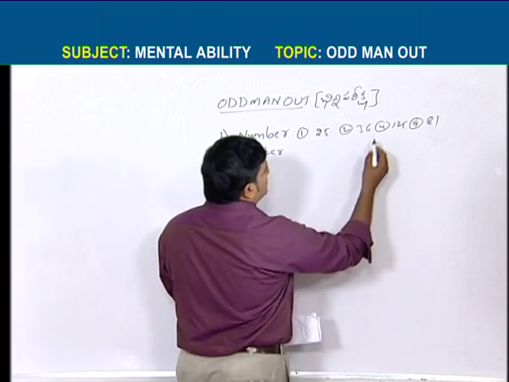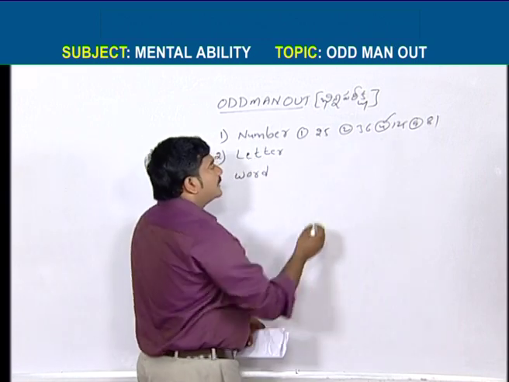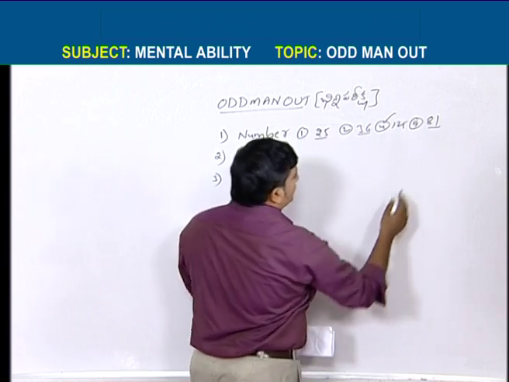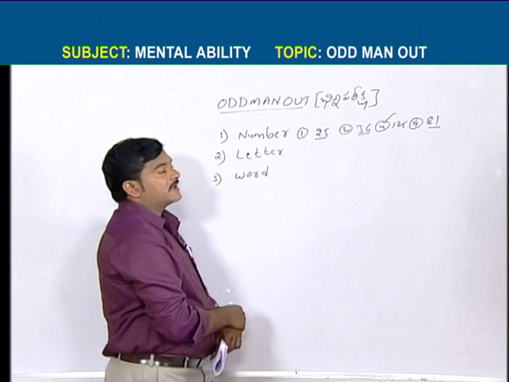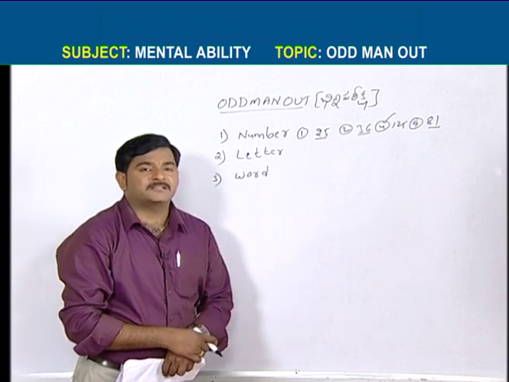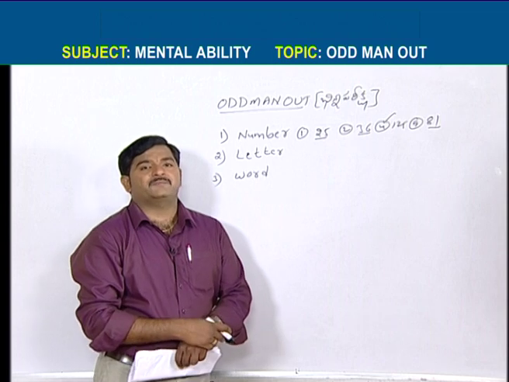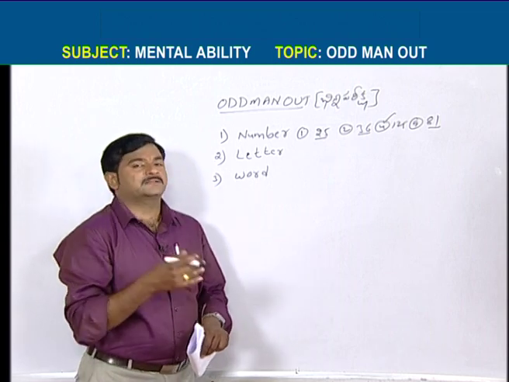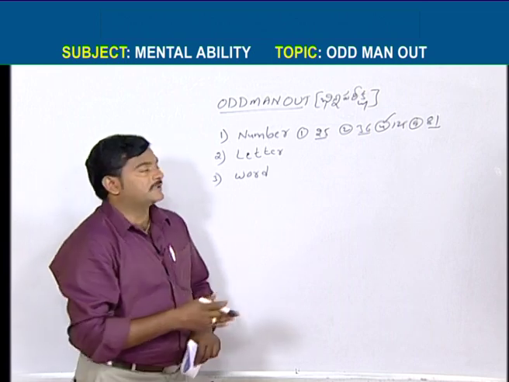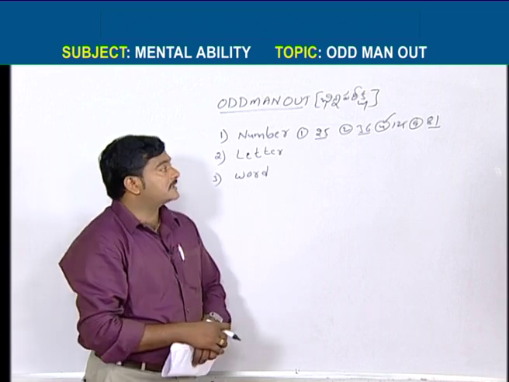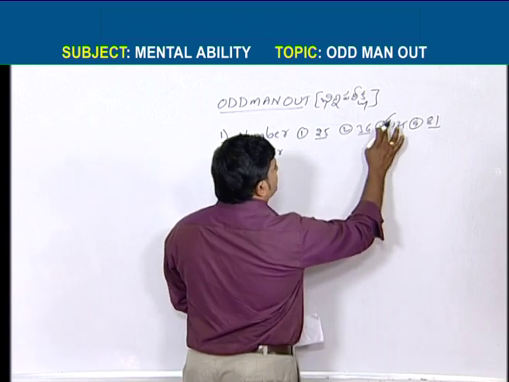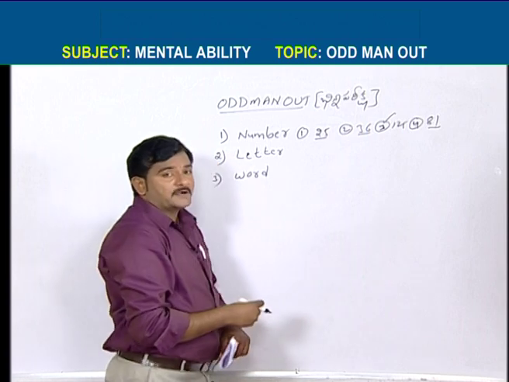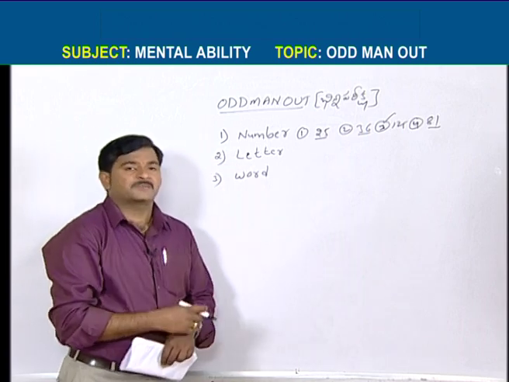The odd one is 125. Because 25 is 5 square, 36 is 6 square, and 81 is 9 square. The remaining three are squares, whereas 125 is not a perfect square, it is 5 cube. So the remaining three have a certain pattern, whereas the third one does not belong to it. Hence the answer is the third option.